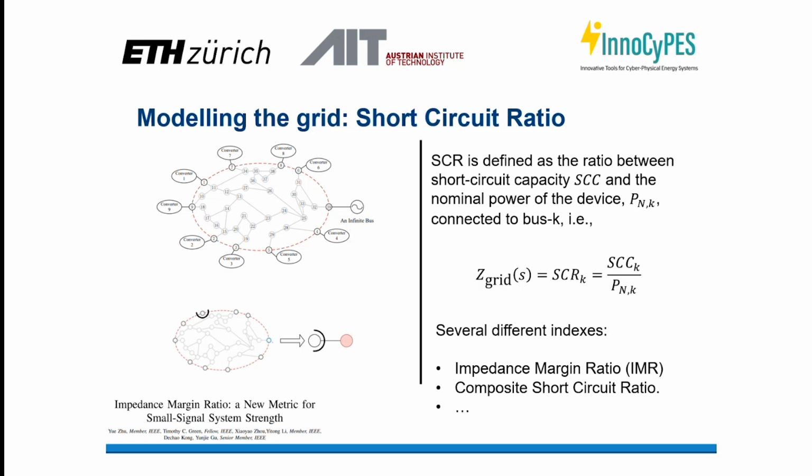Also, the composite short circuit ratio that accounts for neighborhood inverters and so on. There is a weighted short circuit ratio and so on. So we have a plethora of new indexes, different ways to calculate them, and every one of those is more complicated than the other, but also gives more information than the other.